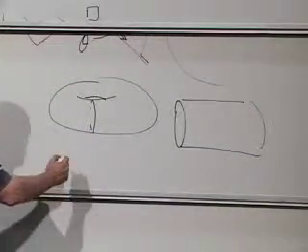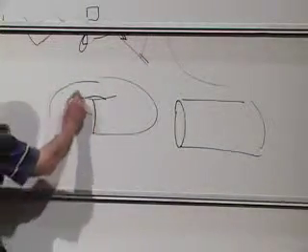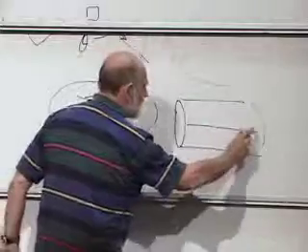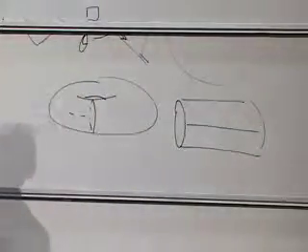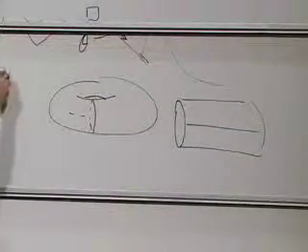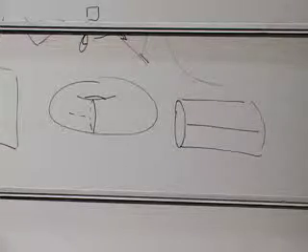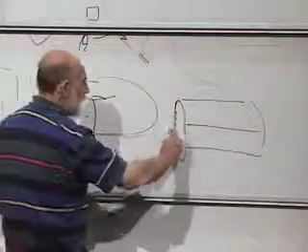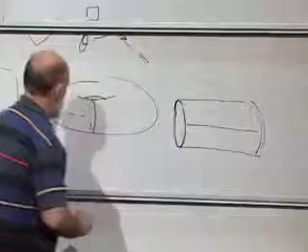And now cut it along here and open it up. And what does it become? It becomes a rectangle. This edge over here is identified with this edge.